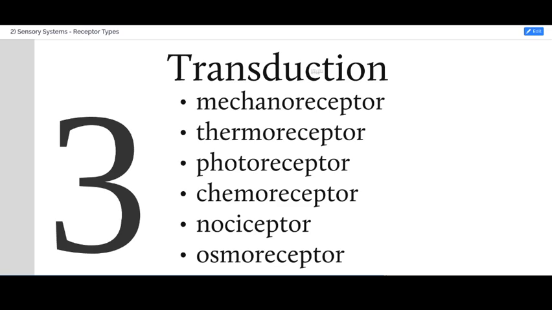And so transduction is how a stimulus gets converted into the nervous system's electrical signaling coding, action potentials. So these are cells that take the stimulus and change them into the electrical activity of the nervous system.